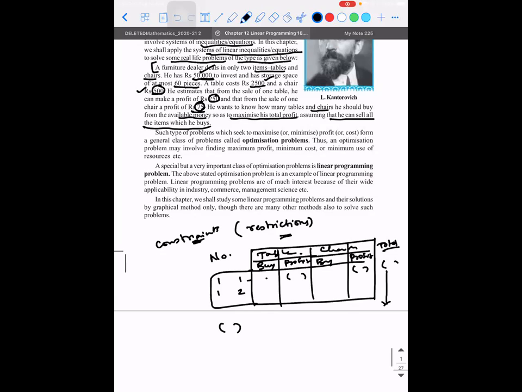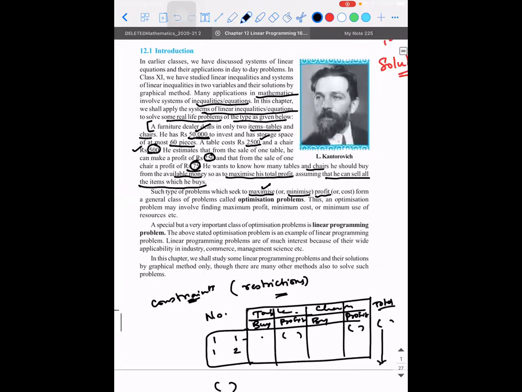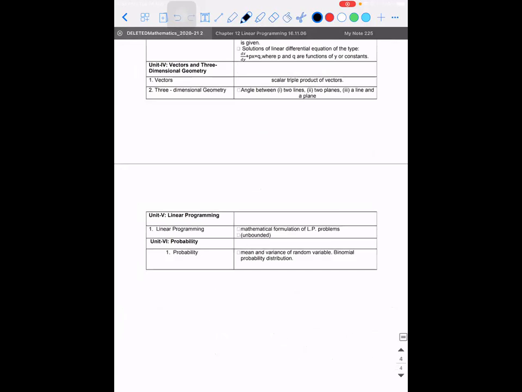Okay. So such types of problems which seek to maximize or minimize, so you will speak about maximizing in the case of profit, minimizing in the case of cost, form a general class of problems called optimization problems. And this is the only thing you have in your syllabus because the mathematical formulation of linear programming problems is removed and unbounded problems are deleted.